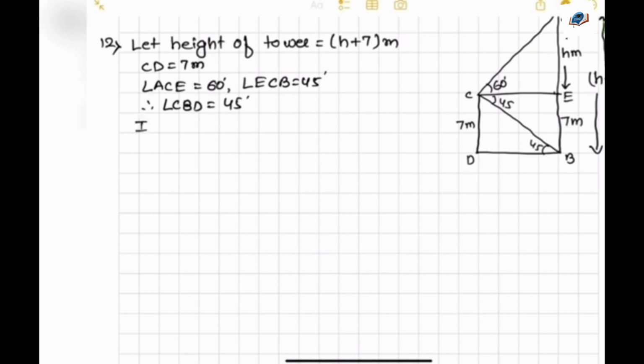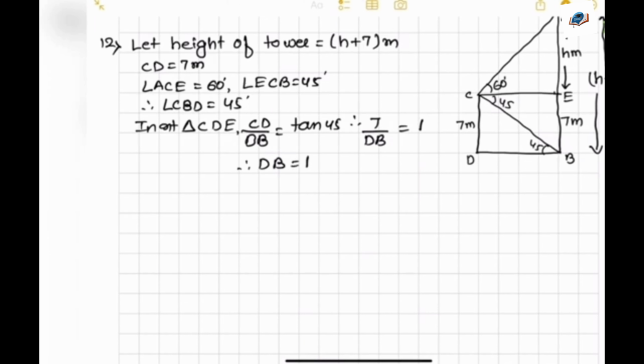Now if I start the solution, in right triangle CDB, CD upon DB equal to tan 45. So therefore 7 upon DB equal to 1. Oh sorry, 7 meter. DB will be 7 meter.